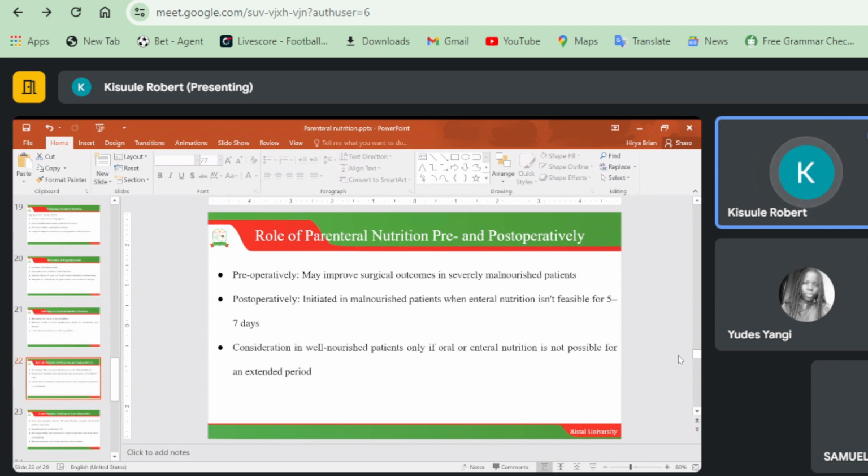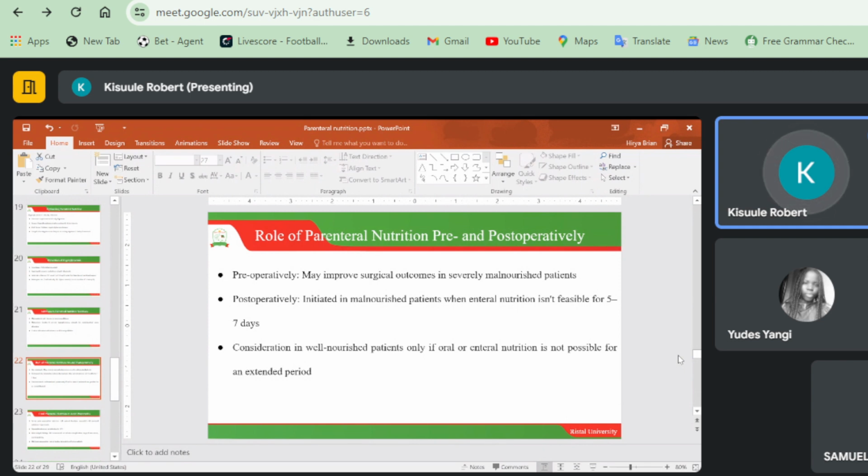They could even prepare someone for close to 3 or 4 days before they do those major operations that would grant a person to be bedridden for some time, or do those operations that could cause issues with the digestive system, whereby the individual is going to take some good period of time without eating. So what we do is give you parenteral nutrition.